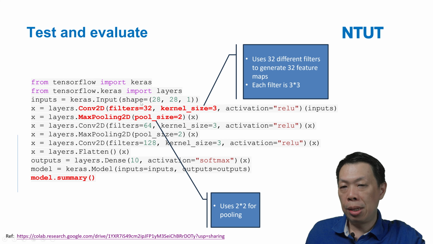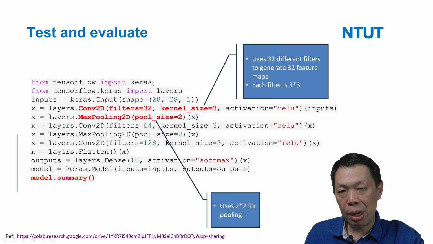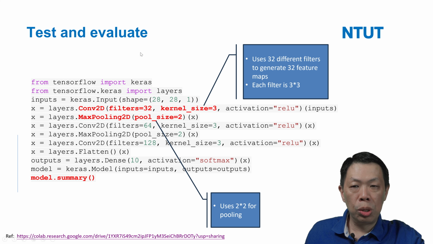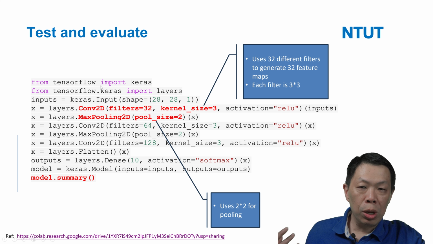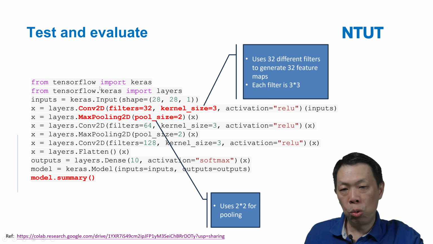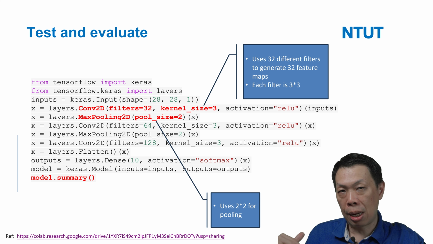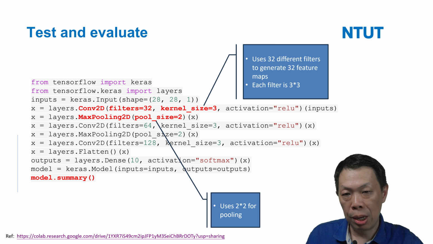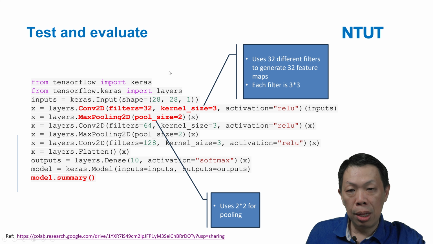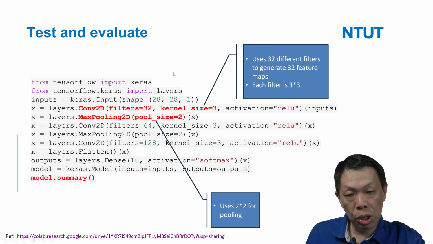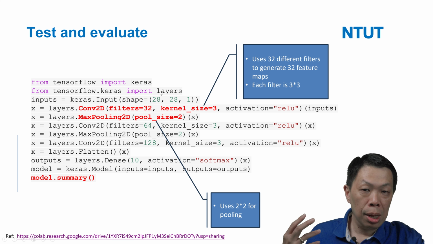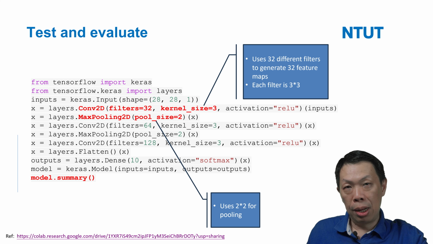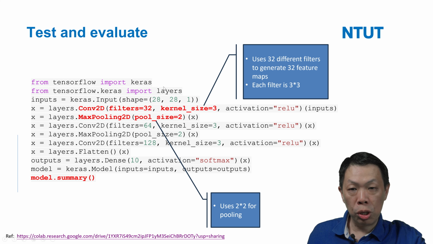Same thing, we will use Keras and TensorFlow. We use Keras to construct the convolutional neural network. The first thing is the input, which is again our grayscale images.